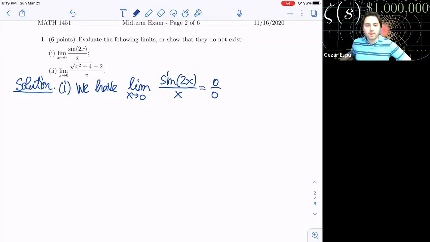Does this ring a bell? Is there a limit that we discussed over and over again during our lectures? You have seen it, and I told you this is a fundamental trigonometric limit. Sine of 2x over x.